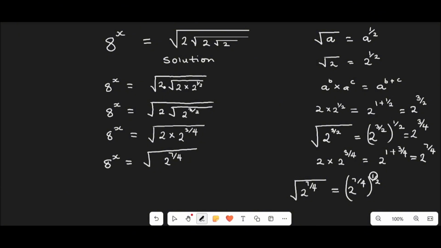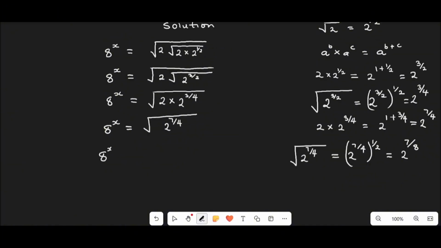Here 7 multiplied by 1, 7. 4 multiplied by 2, 8. So we are going to have 2 raised to power 7 over 8. So let us replace this with 2 raised to power 7 over 8. 8 raised to power x equal to 2 raised to power 7 over 8.